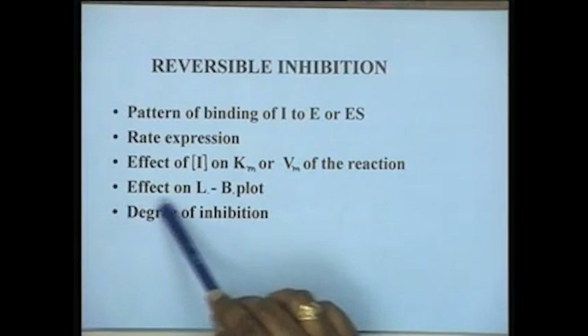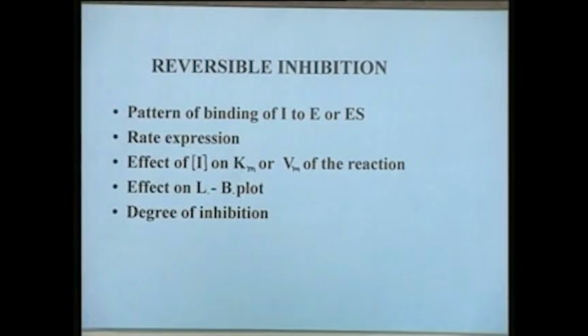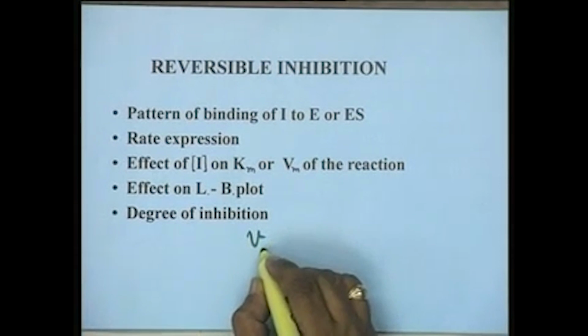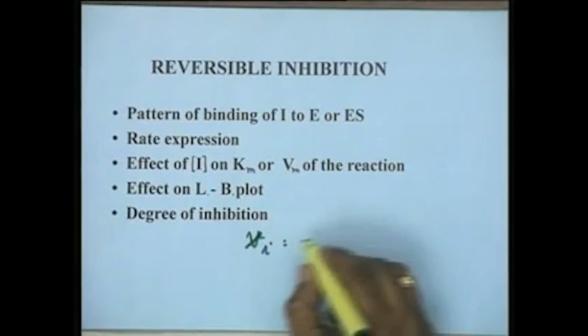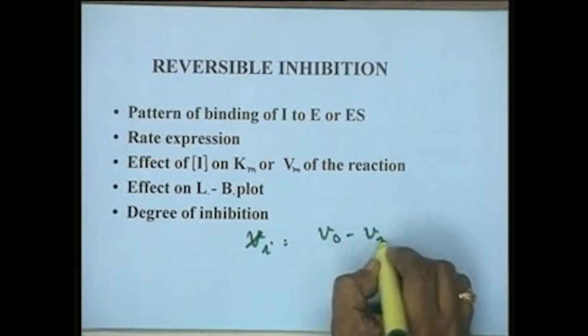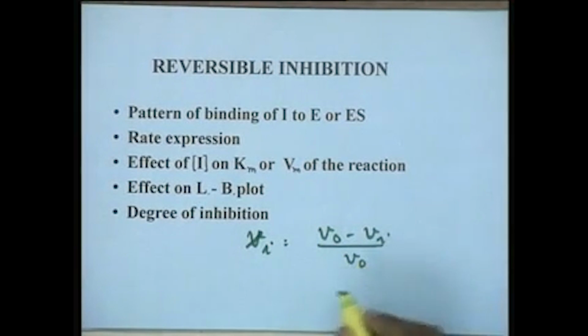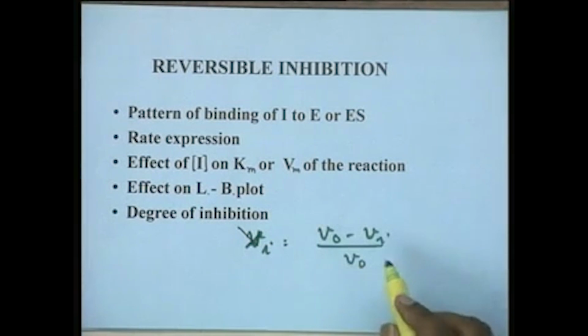Then finally, the type of inhibitor also influences the ultimate degree of inhibition, and as I mentioned earlier, the degree of inhibition I is equal to (V0 minus Vi) upon V0, where V0 and Vi are the enzyme reaction rates at inhibitor concentration 0 and at some particular concentration I for the enzyme reaction.